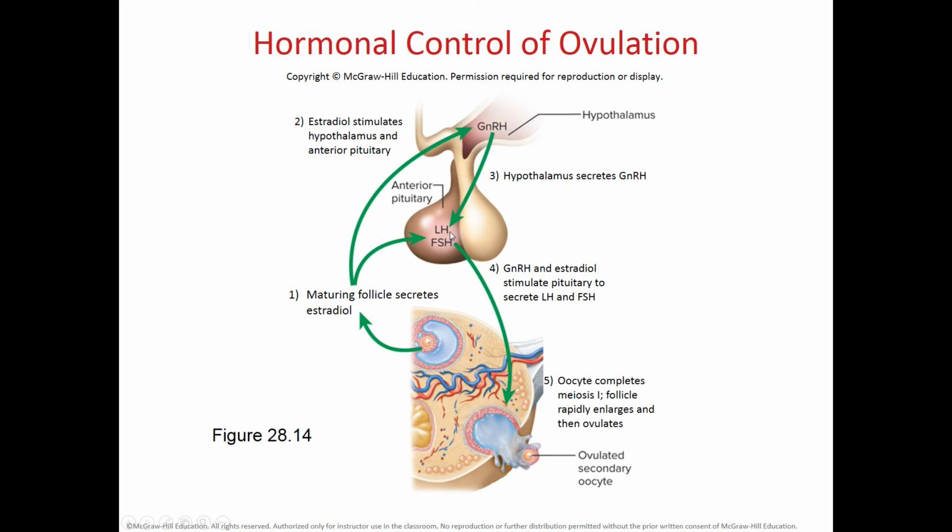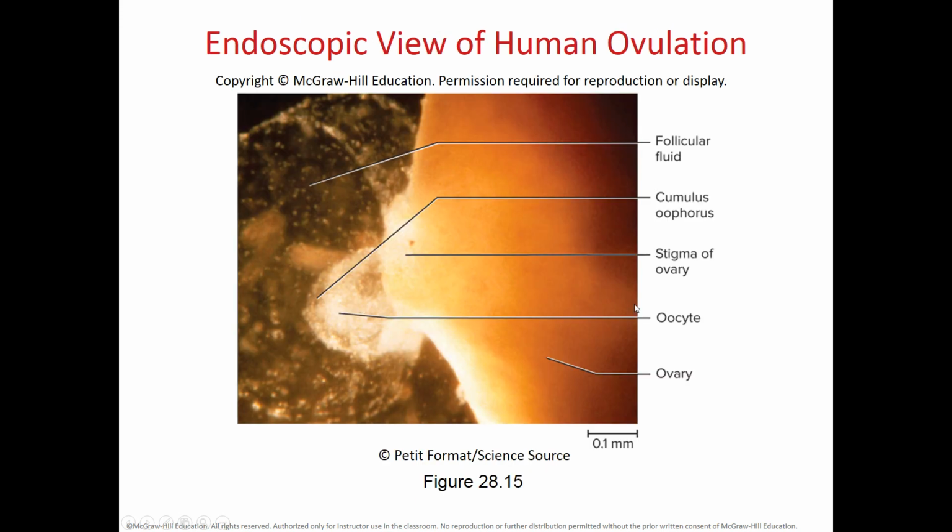And then this LH and FSH will help in the growth and recruitment of more primordial follicles and in the release of this oocyte. And then the cycle will start over again. This is an endoscopic view of ovulation.